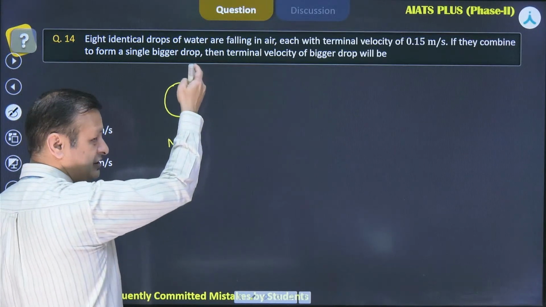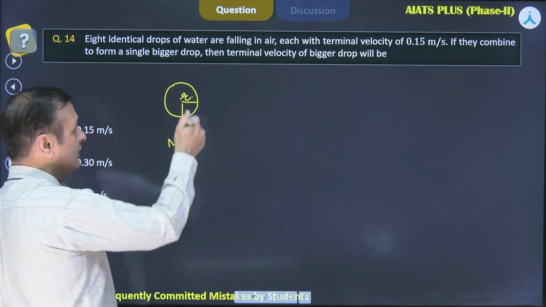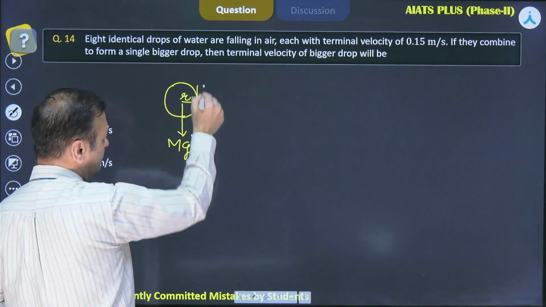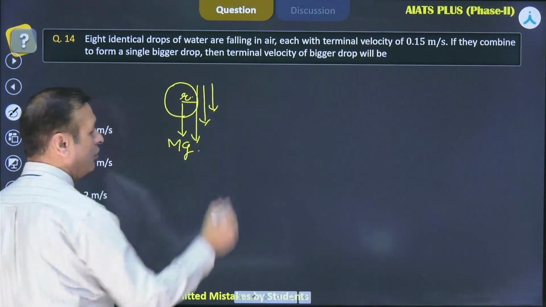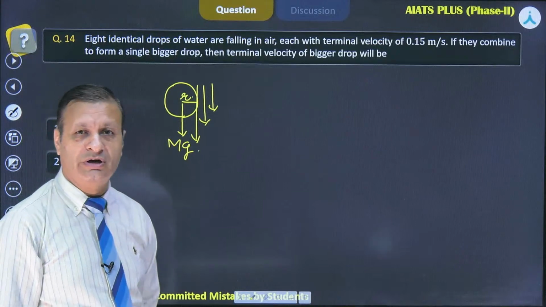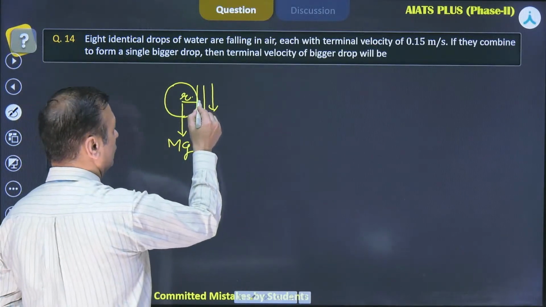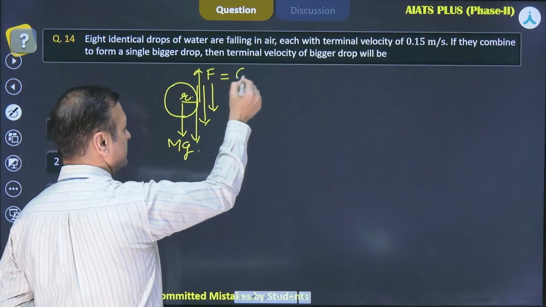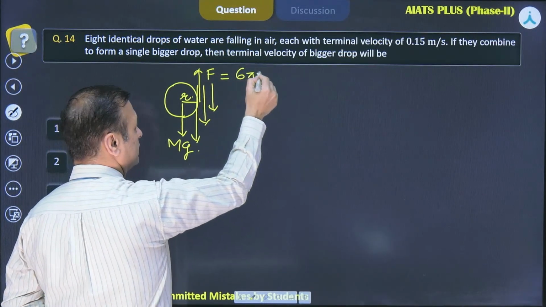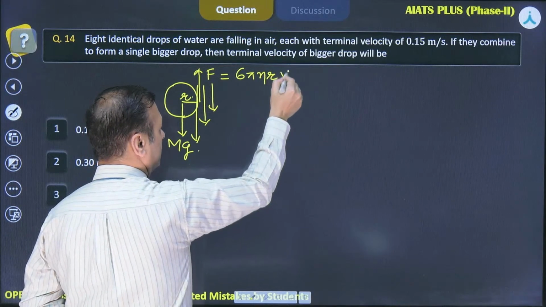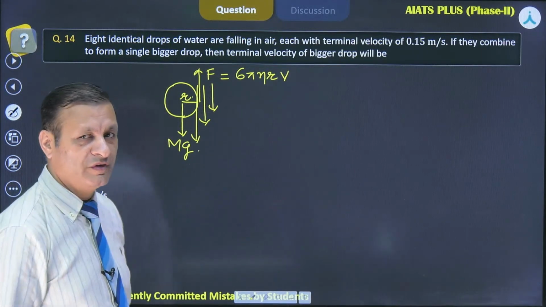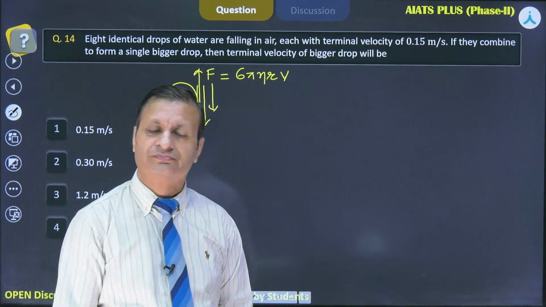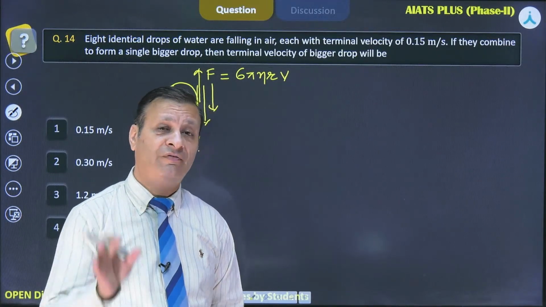Then as it starts falling down, its speed increases, and all these layers of the fluid also come into relative motion, and you have a viscous drag. This viscous drag is basically 6 pi eta r v, and this is because of Stokes law. Got it? So this is the second force.